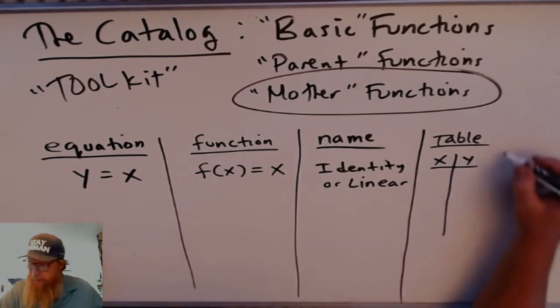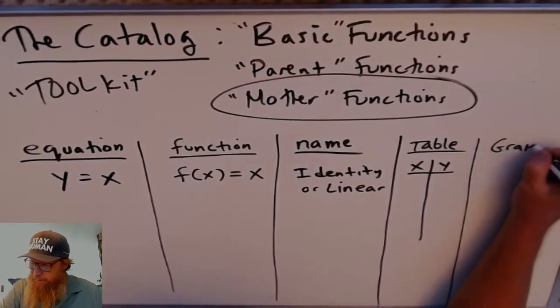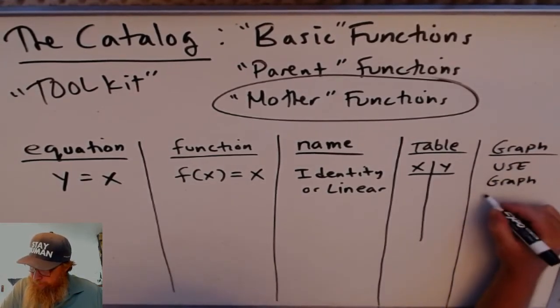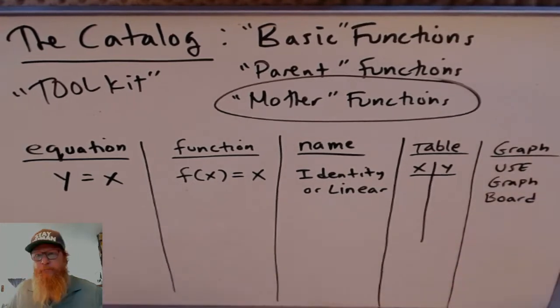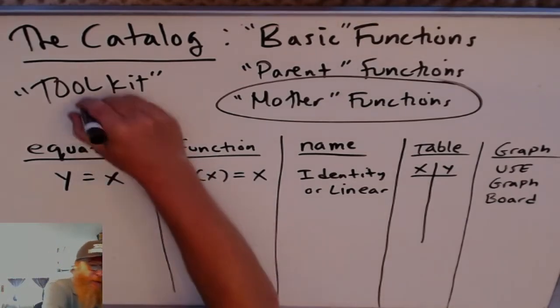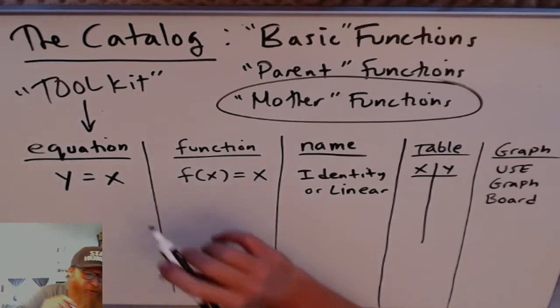I'll fill out the table in a second. And finally, the graph. I'm going to use the graph board. All right. So let's go through all of the toolkit or all of the catalog of mother functions.